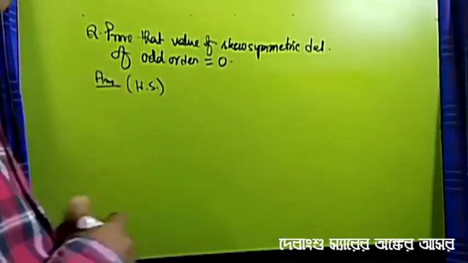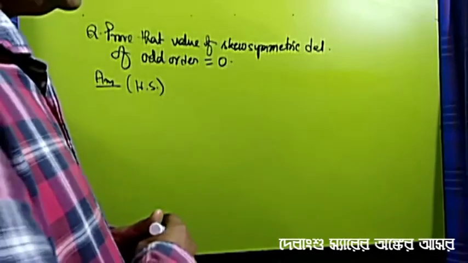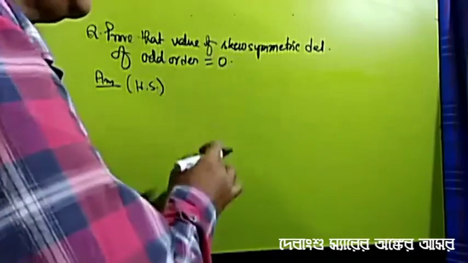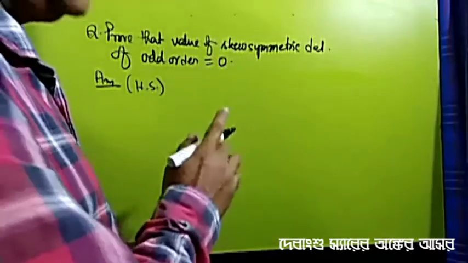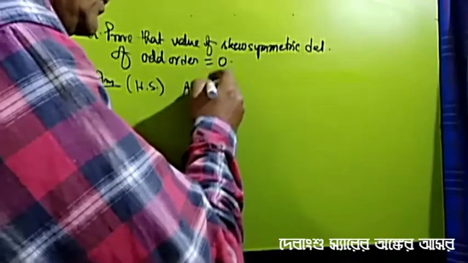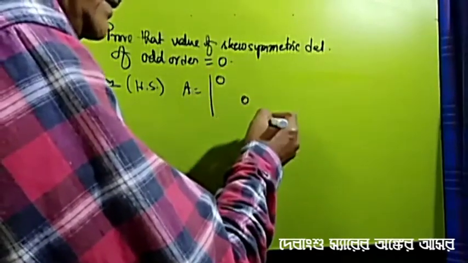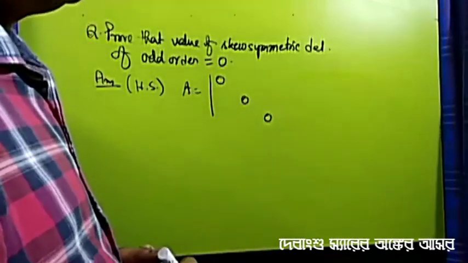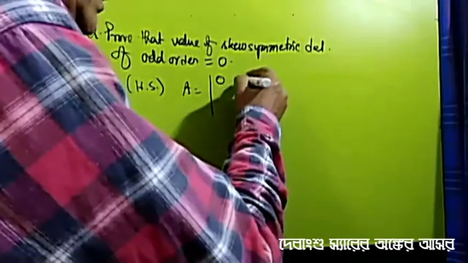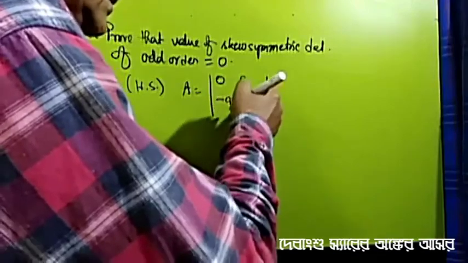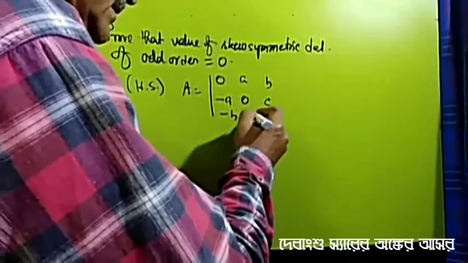In the HS exam, you can show this proof taking a third order determinant like this. A is equal to, now we know that the diagonal elements become 0. We have already proved it. So this is a, b, this is c. Since it is a, it is minus a. Since it is b, it is minus b, and a minus c.